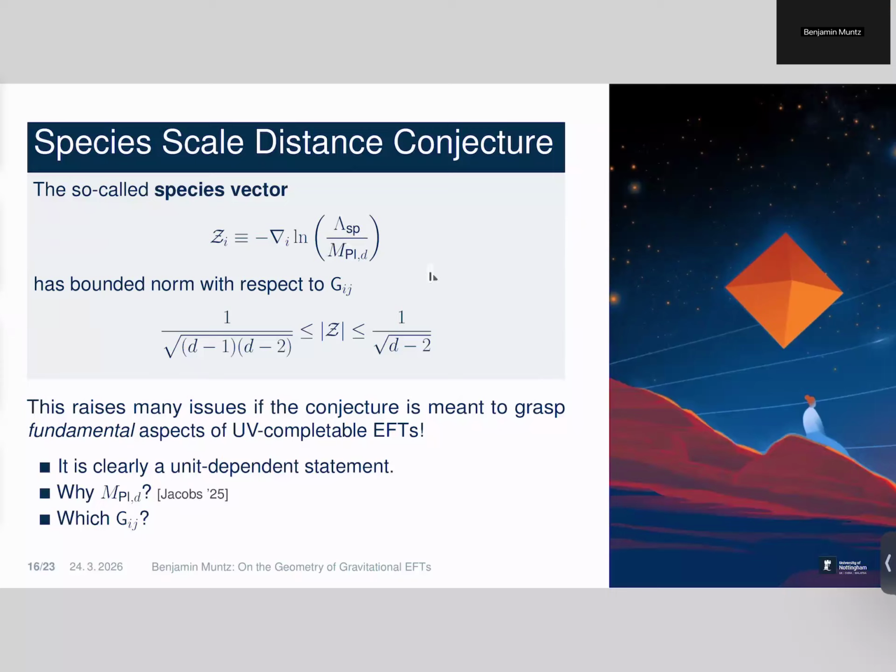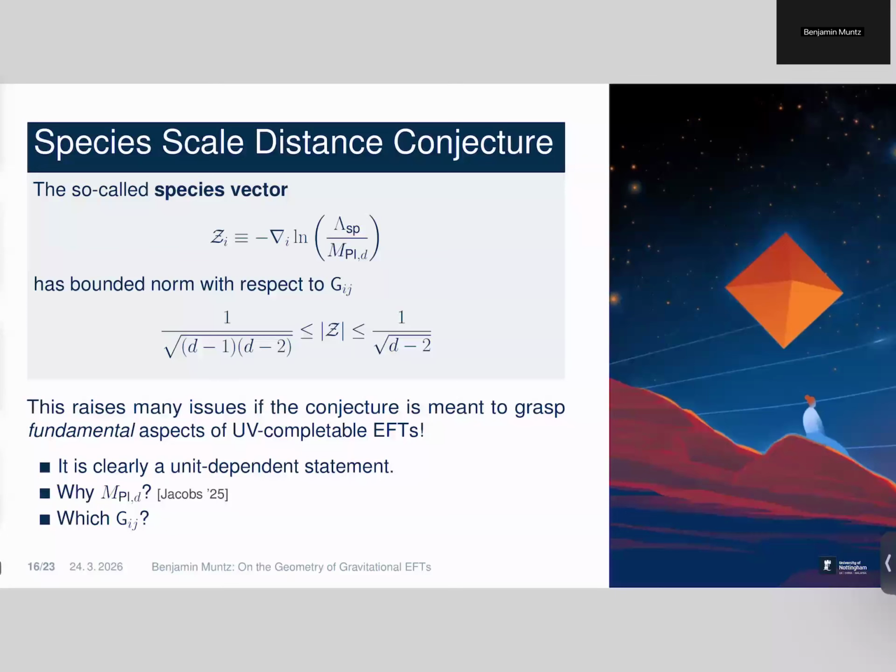And so one can ask, okay, first of all, this is dependent on your choice of units, but also why do we work in d-dimensional Planck units? In the swampland context, we would generally expect the d-dimensional Planck mass to lie above lambda species.